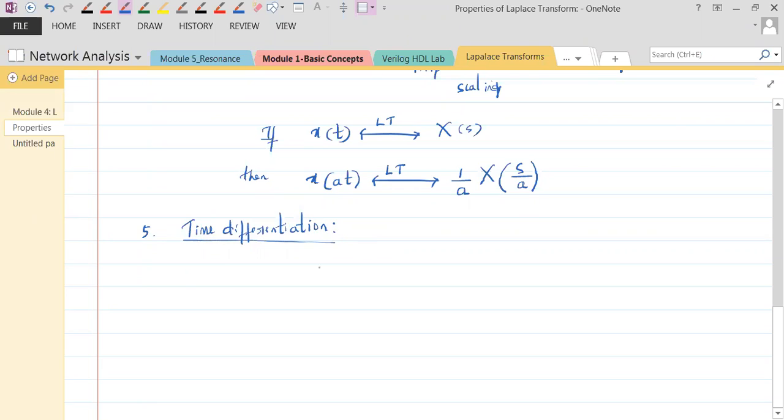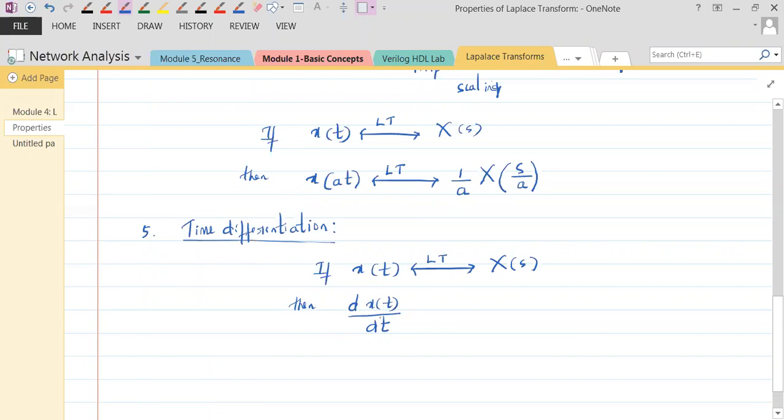See here. If x of t has got the Laplace transform which looks like x of s, then time differentiation means you need to have differentiation on the time domain, not on the Laplace domain. So time differentiation means, see here, dx of t by dt.